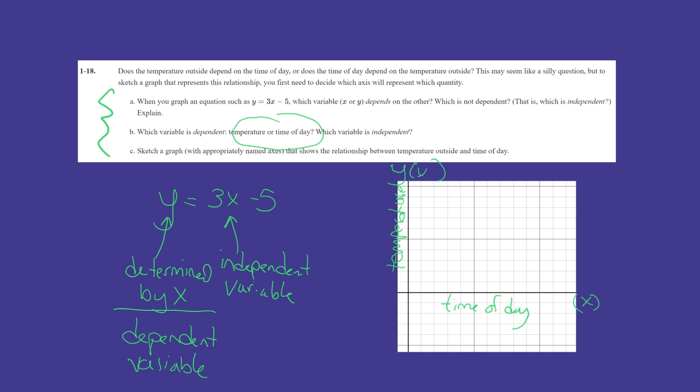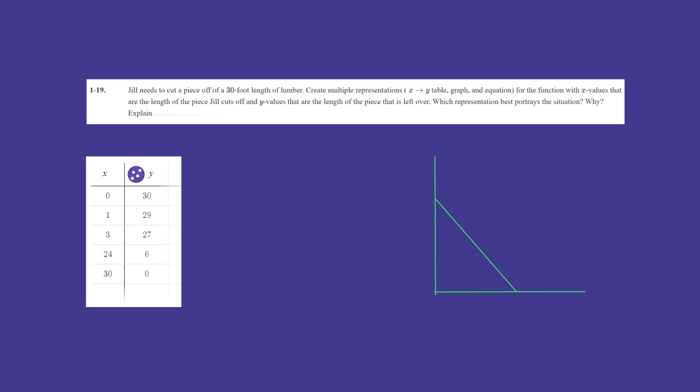Moving on. This problem says Jill needs to cut a piece off of a 30-foot length of lumber. Well, however much she cuts off, the rest of 30 feet is what she has left. So the recommendation here was to put this into table form to see if you can come up with the values.